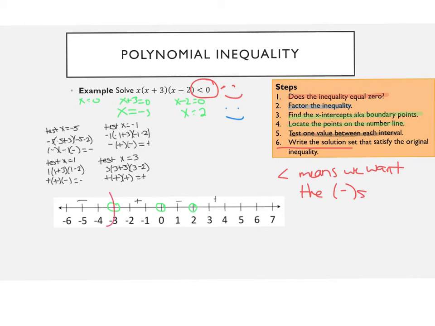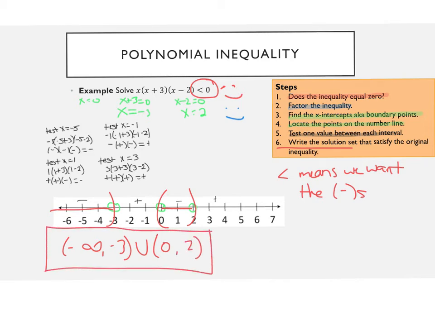So I'm going to put parentheses facing our negatives, so it's almost like we sandwich those negatives. And now all that's left is to write our solution set. We always write it from least to largest. So if we have our backwards facing parenthesis at -3 facing all negative numbers, we'll say -infinity to -3. We'll put a union. Well, not a straight bracket, it's a less than, so a parenthesis 0 to 2. And that's your solution, the end.